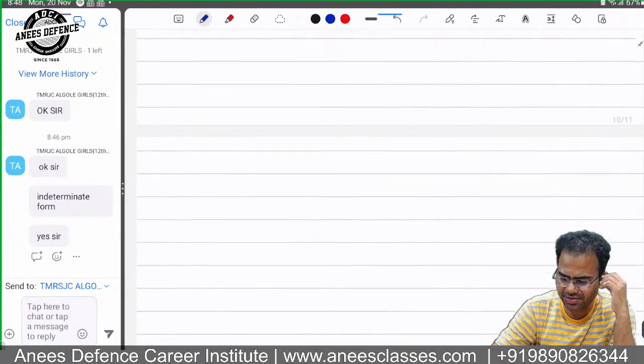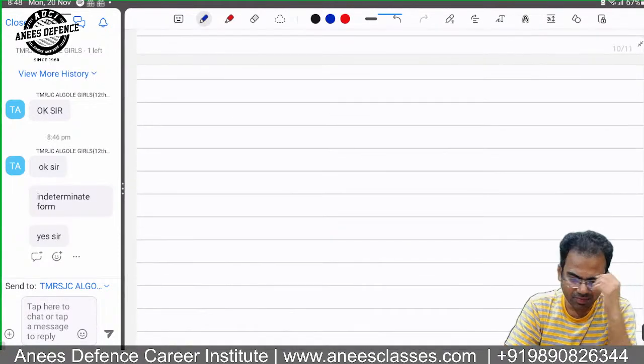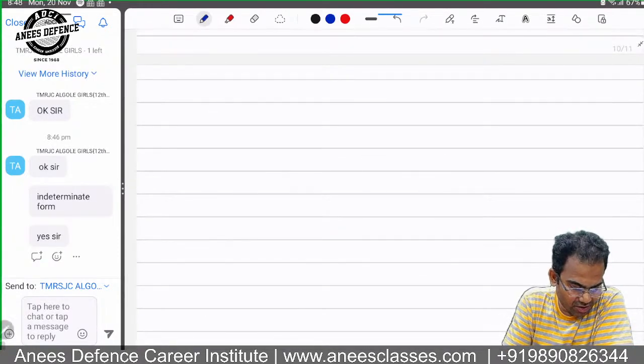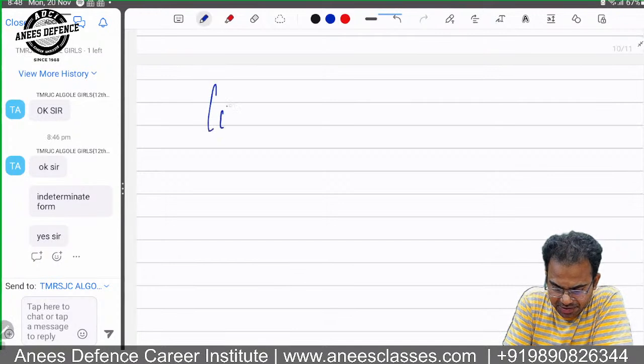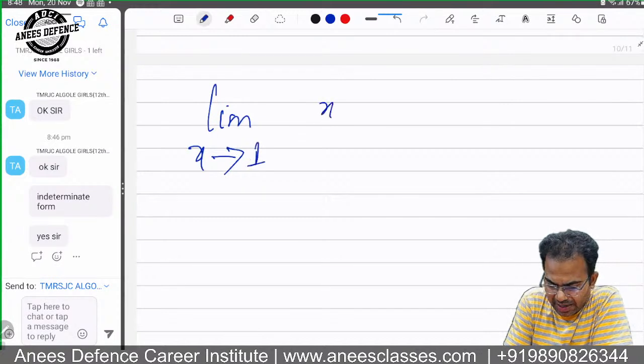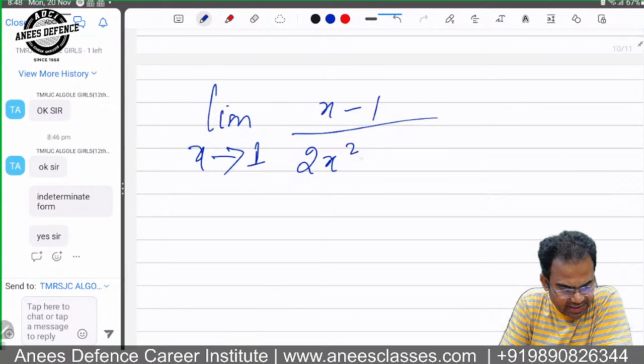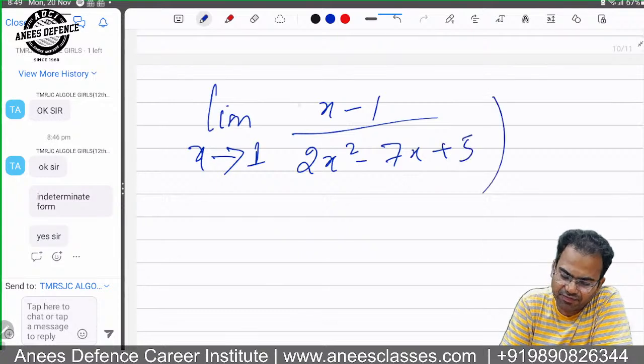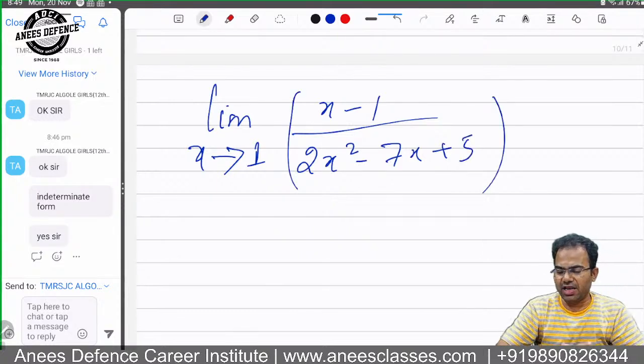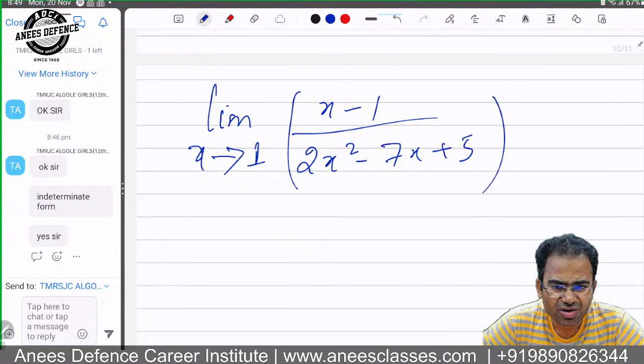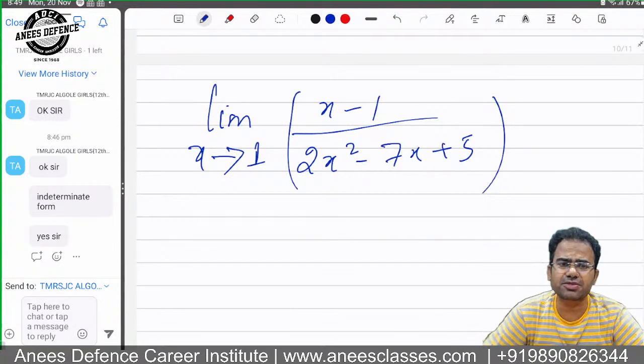Now the question is: limit x tends to 1, (x minus 1) upon (2x square minus 7x plus 5). Find the limit of this question. This is a rational function.